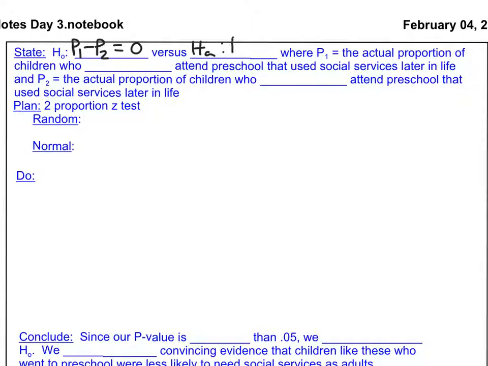Now here I'm going to say P1 minus P2 is less than 0. And if that's the case, I have to say that P1 is my proportion of the children who did attend preschool that use social services later in life, and P2 did not.